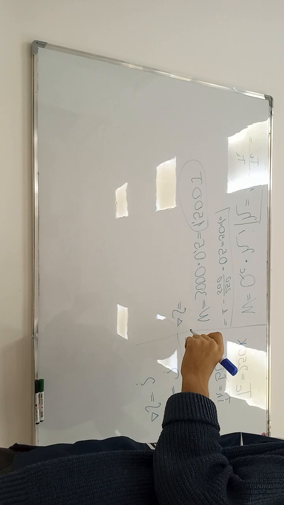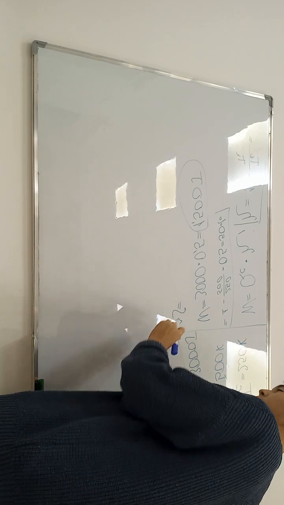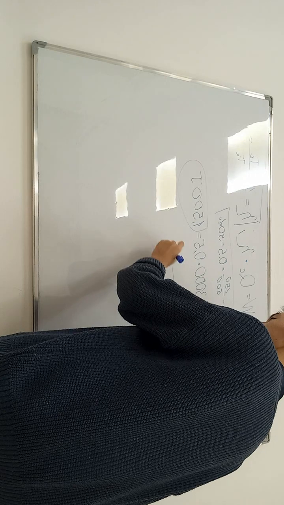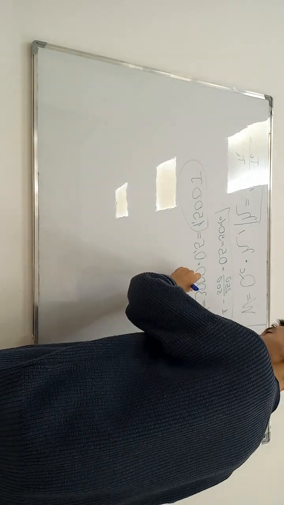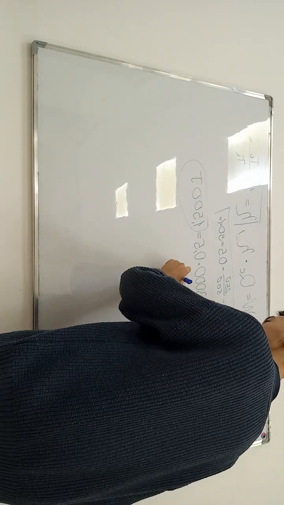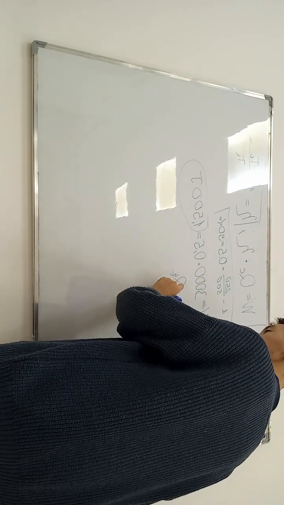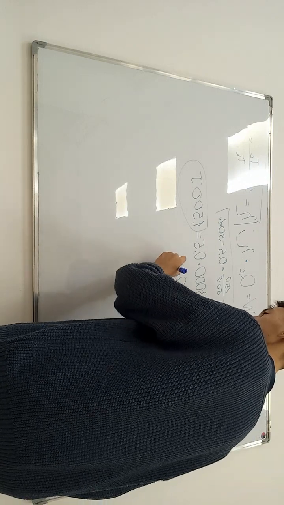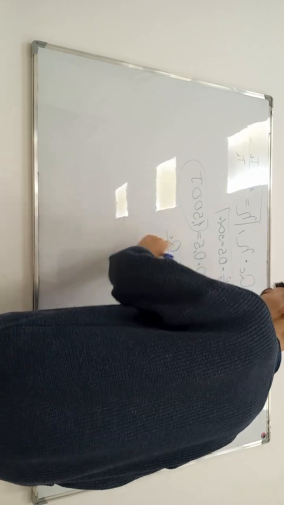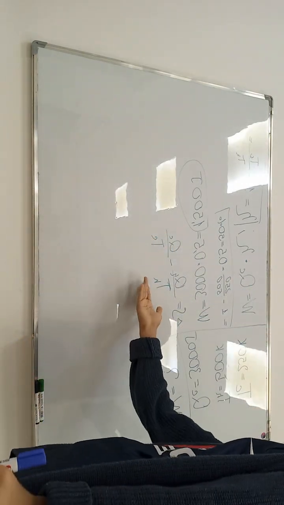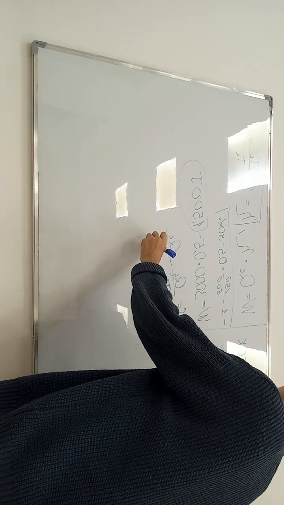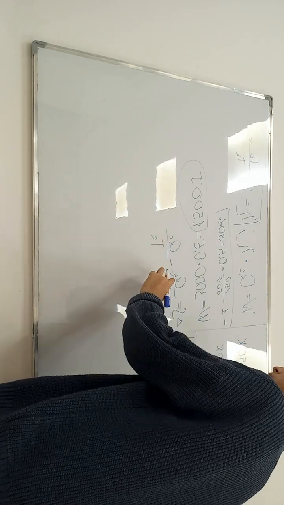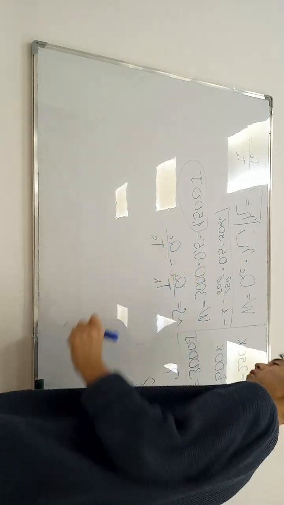Like in the previous problem, we need to use the formula: Q hot divided by T hot minus Q cold divided by T cold. We have T hot and T cold. Also, we have Q cold. We just need to find this Q hot.